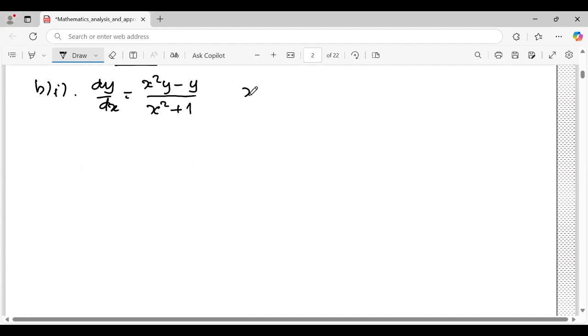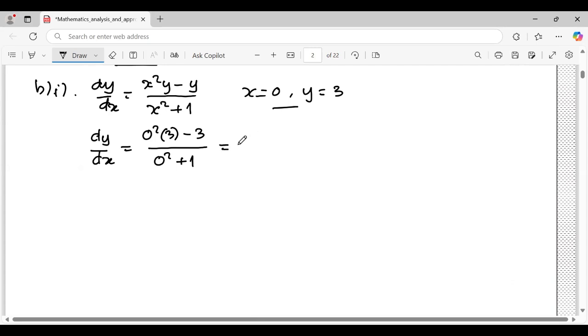So when x equals 0, y equals 3. This is based on the statement in the question. So substitute into this dy/dx. So dy/dx equals 0 squared times 3 minus 3 divided by 0 squared plus 1. And it is minus 3.